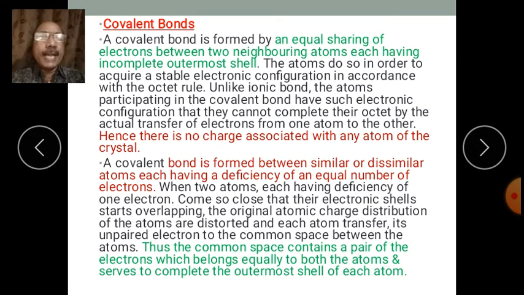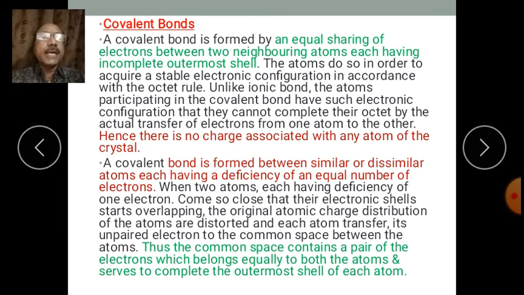Unlike that case, here there is no charge associated with any of the atoms of the crystal. The covalent bond is formed between similar and dissimilar atoms.